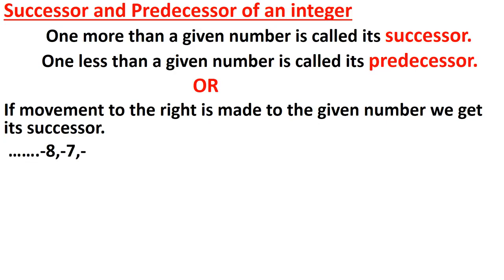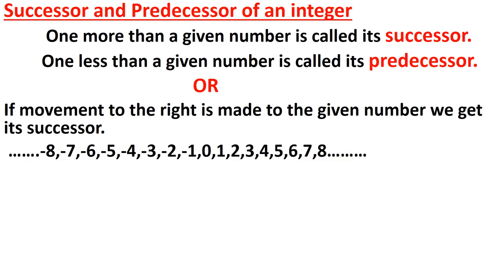Now see, this is the sequence of negative integers, 0 and positive integers. We always follow the same sequence: minus 8, minus 7, minus 6, minus 5, minus 4, minus 3, minus 2, minus 1, 0, 1, 2, 3, 4, 5, 6, 7, 8 like this.